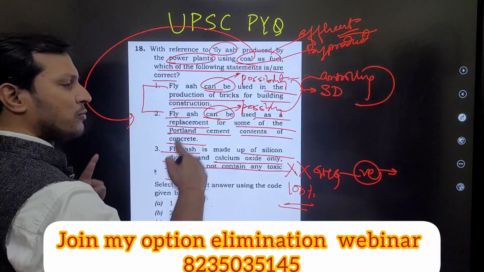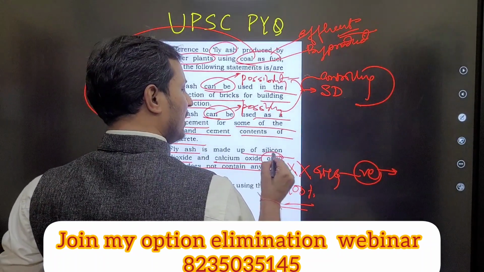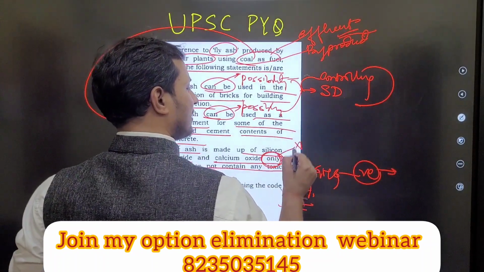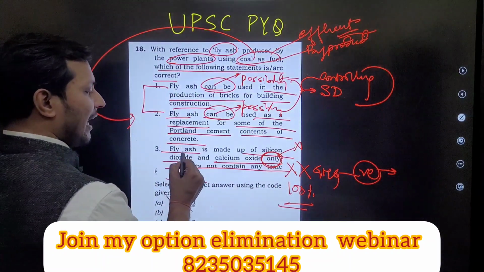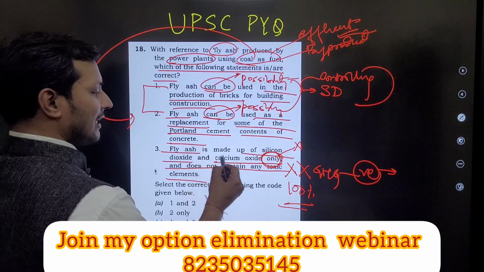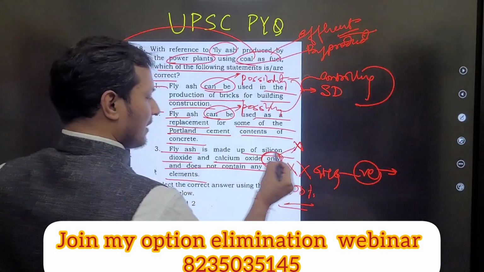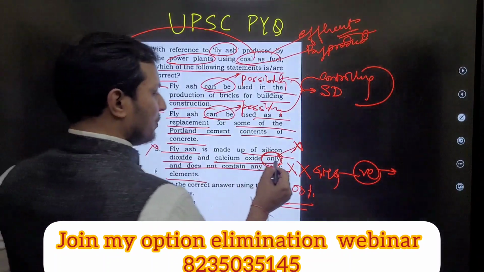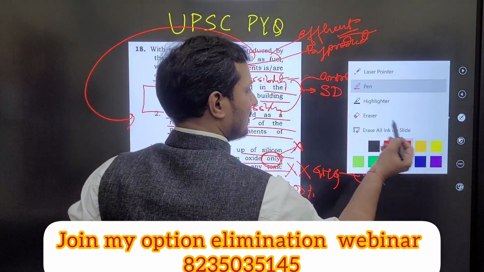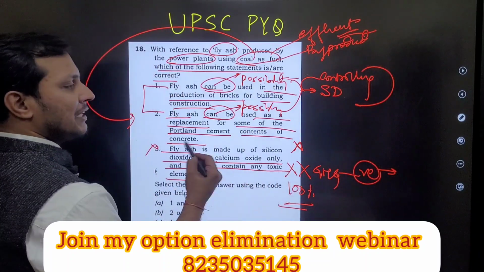Here there is another option elimination trick which says when there is an extreme word like 'only', generally those statements are also incorrect. Fly ash is made up of silicon dioxide and calcium oxide only. So this also can eliminate this statement. But suppose UPSC did not use the word 'only', then also you can eliminate this statement.